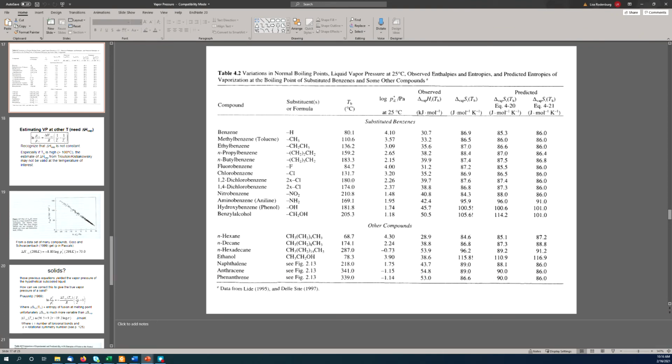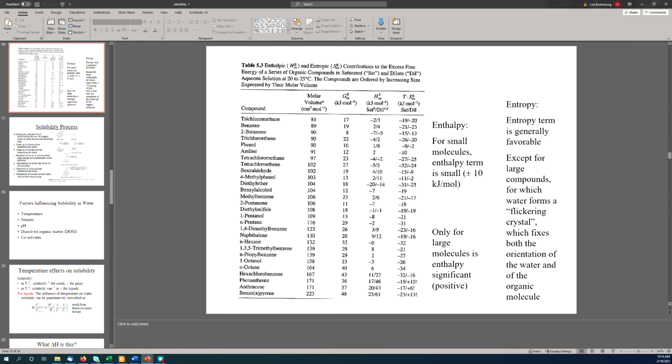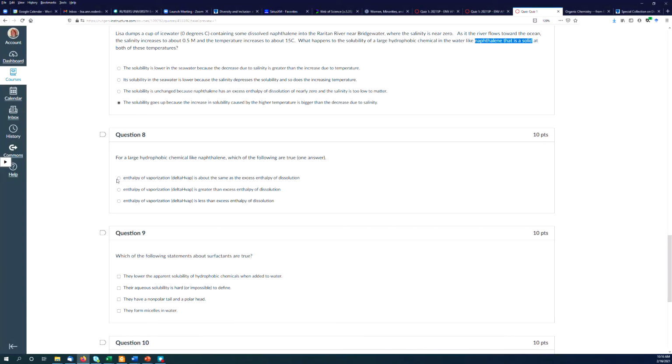So relatively high compared to solubility here. Remember this table? A lot of these are close to 0, and even the big ones only get up to 10, 20 kilojoules per mole. So for the most part, the excess enthalpy of dissolution is going to be much less than delta H of vaporization. So enthalpy of vaporization is greater than excess enthalpy of dissolution.